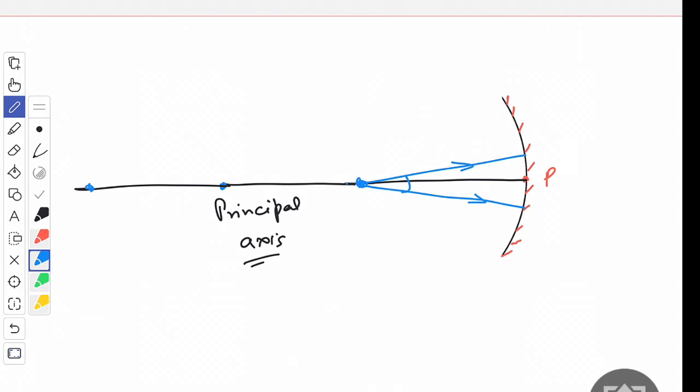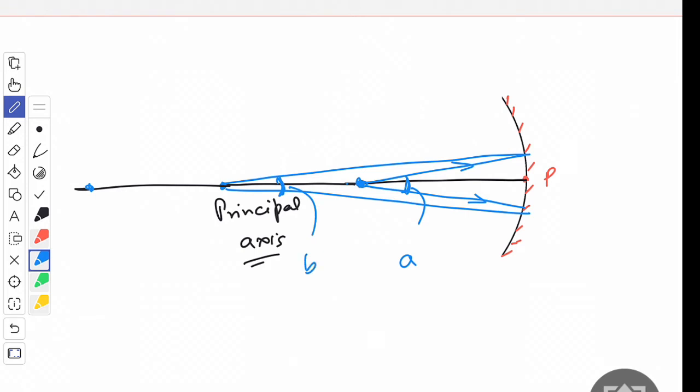So from here there is one ray coming, and from here there is one ray. The angle between them, if you look at this angle and this angle, which angle is more? Think carefully and tell me. If this angle is, say, A and this angle is B, which is more? A is more or B is more? Think and tell me. Is A greater or B greater?